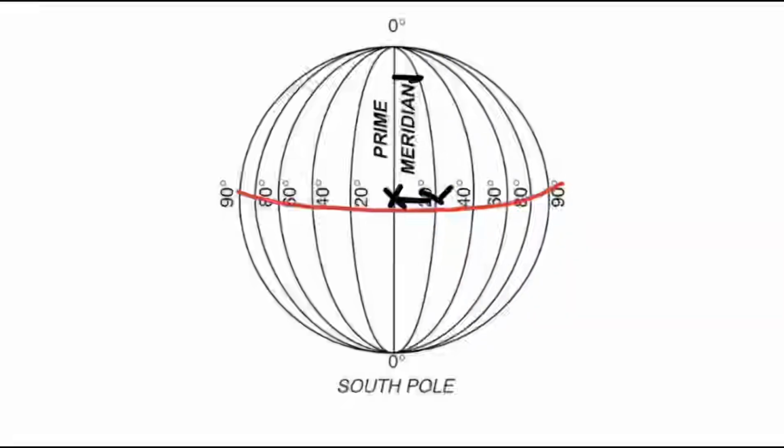If you move from the equator towards the pole, the distance between the meridians will gradually decrease. For example, consider the prime meridian and this one: here the distance is more, here it is less. So it will be more near the equator and least near the pole.